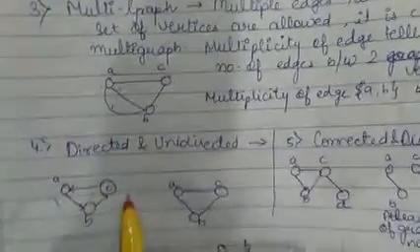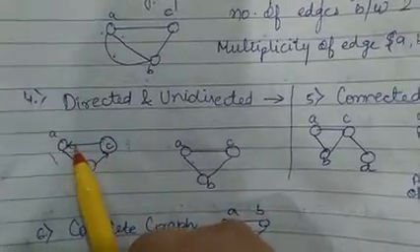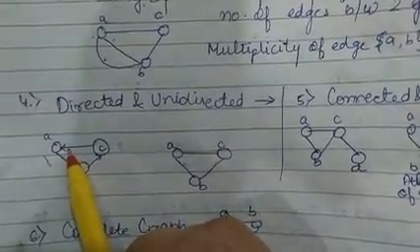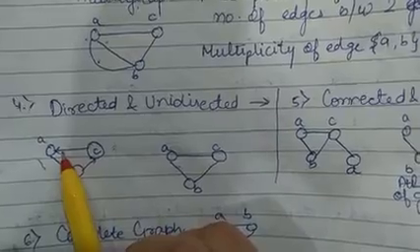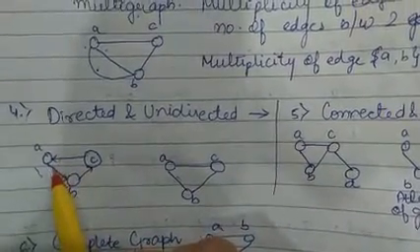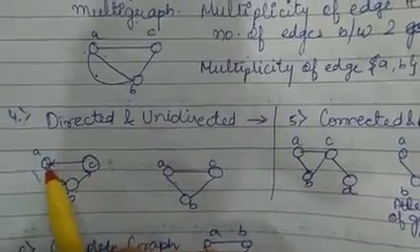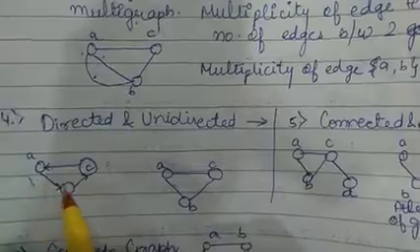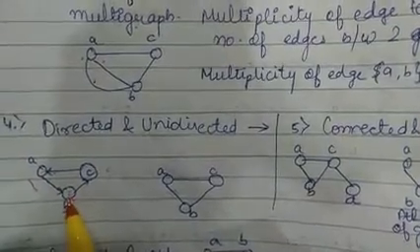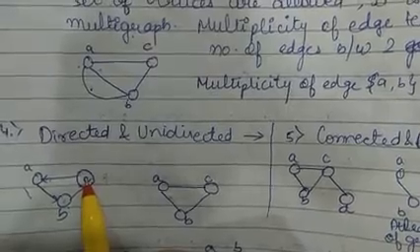Now we are going to pursue the directed and undirected graph. A directed graph means that there is some proper direction between the vertices. So here we can see that there is proper direction between A, B and C. C is pointing towards A, A is pointing towards B, B is pointing towards C. So this type of graph is known as the directed graph.